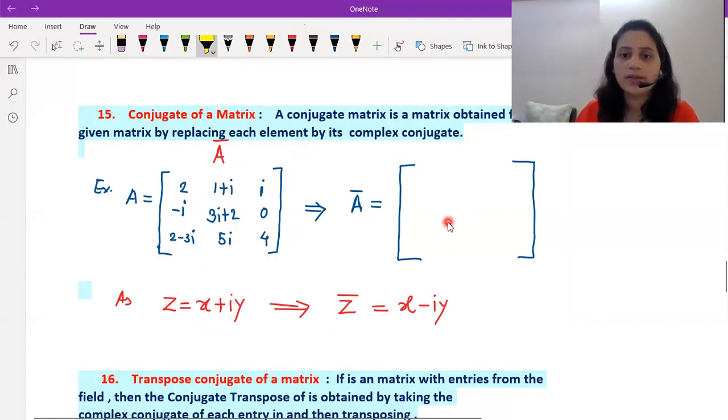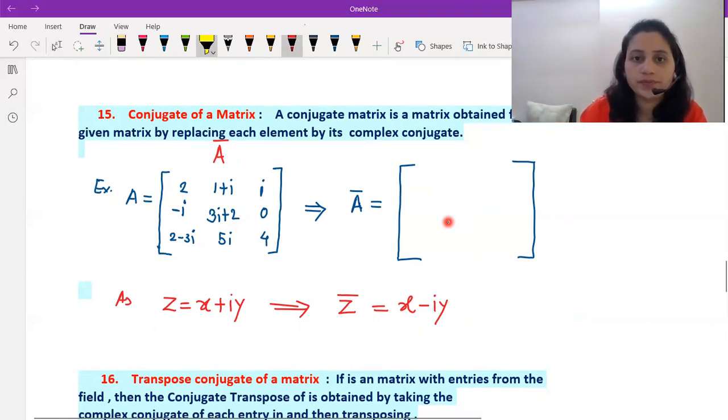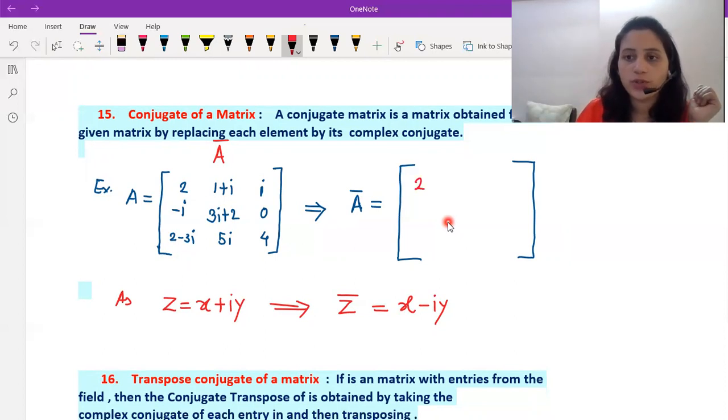Okay, so for this, what we are going to do? 2. This is real number. Okay, so 2 as it is. Then 1 plus i. This is my complex number, right? So complex conjugate of 1 plus i is 1 minus i. Complex conjugate of i is minus i. Now minus i. Complex conjugate of minus i is i. Second, 3 plus i, right? So i is the imaginary part.